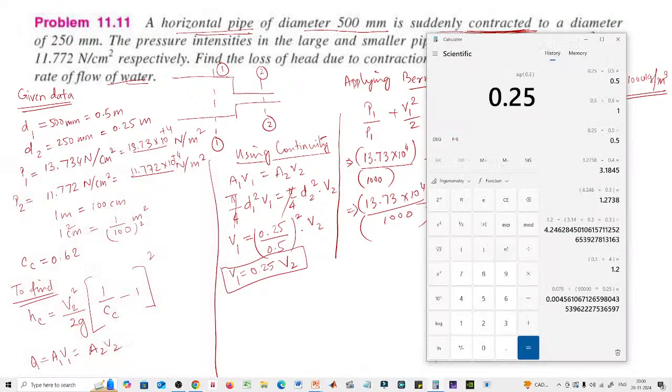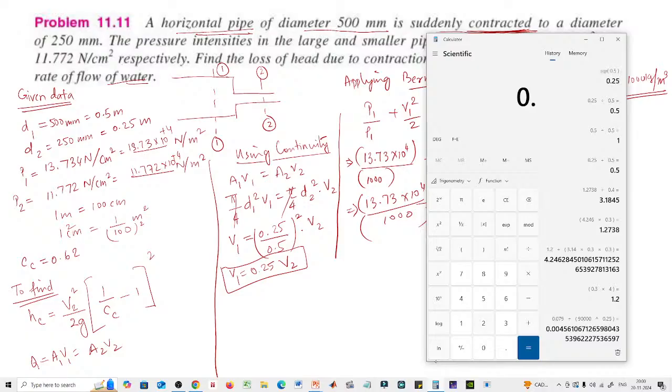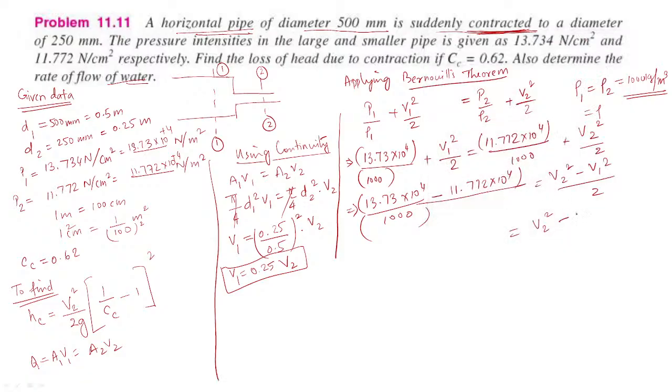So 0.25 square, so 0.0625. I have converted this, okay. When I substitute, it will be V2 square divided by 2, so this 2 I am bringing to this side.